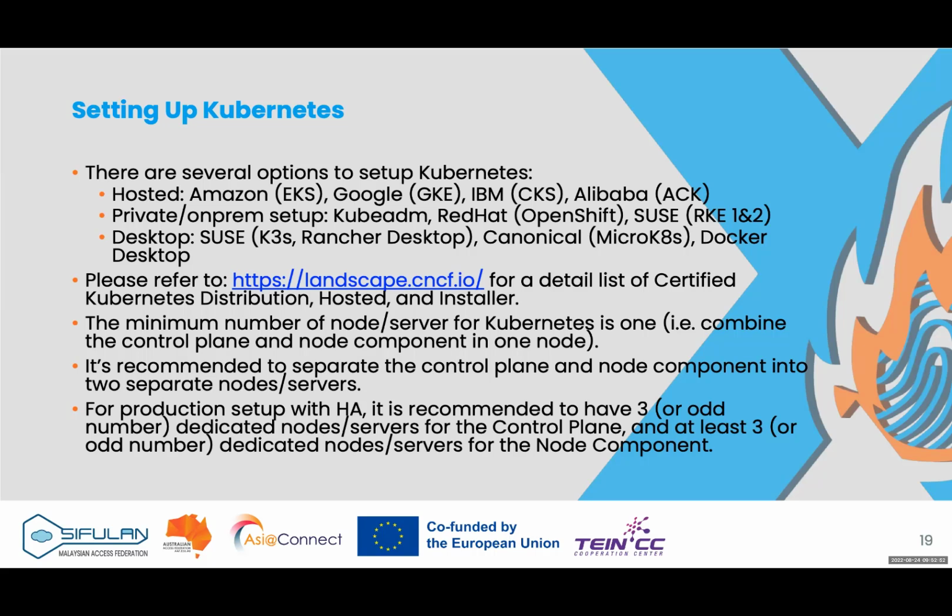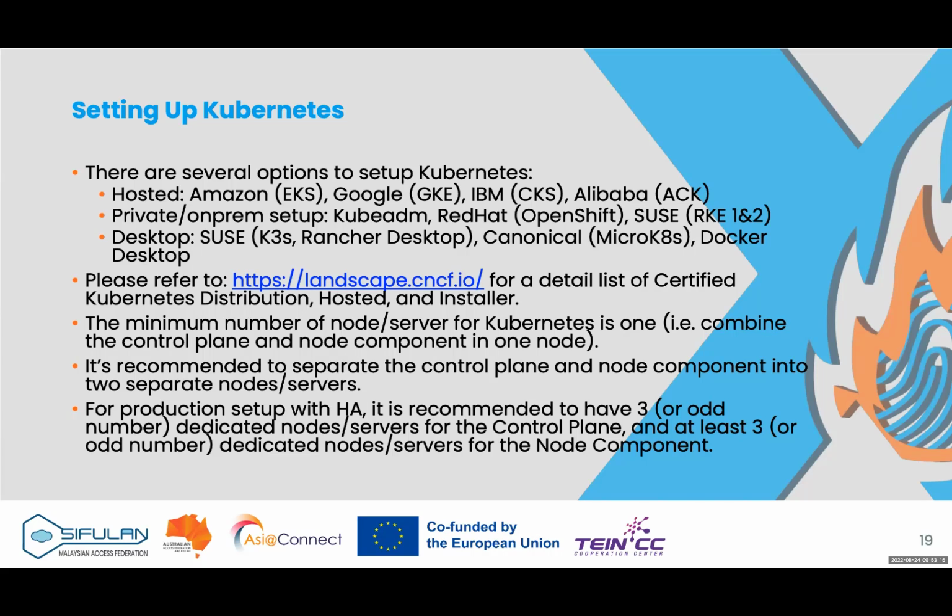However, this is usually for cases like running Kubernetes on your own computer. For production deployment, it's recommended to separate the control plane and node components onto separate servers, so you will have dedicated nodes and dedicated servers.